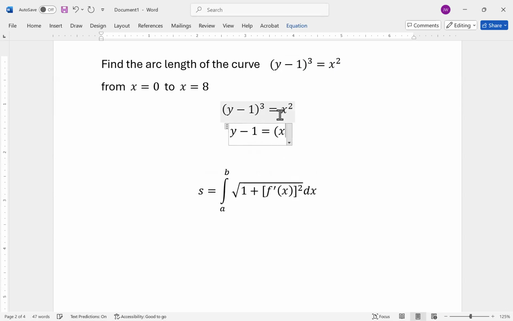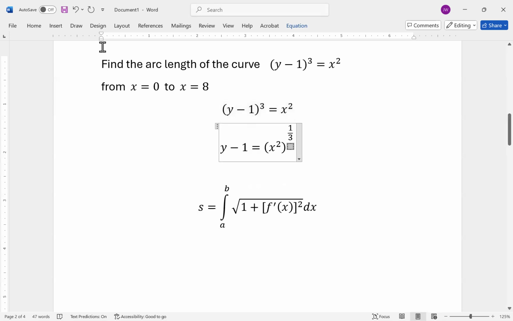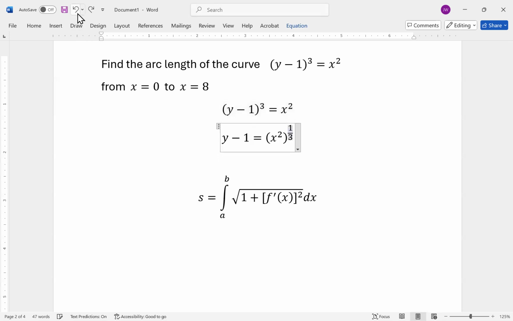So I'm going to take x squared and raise that to the 1/3 power, which, by the way, is x to the 2/3 on the right-hand side.